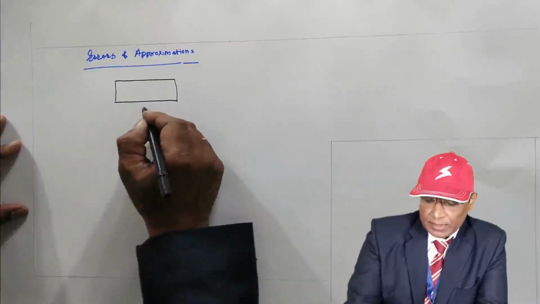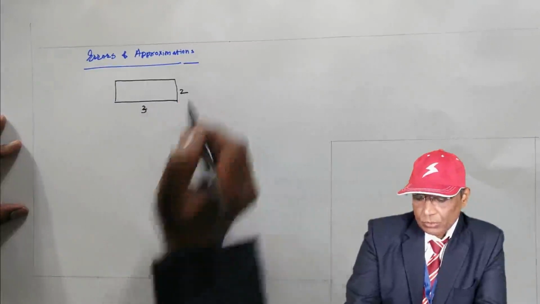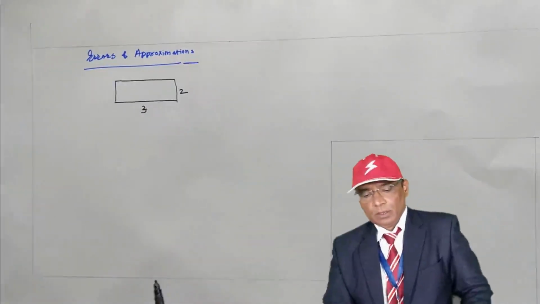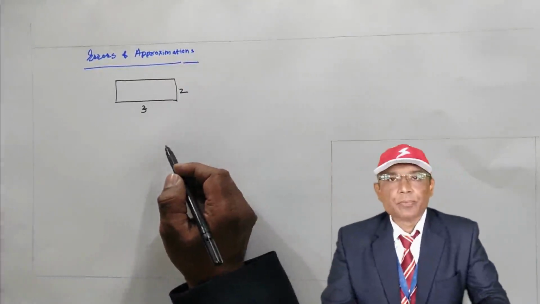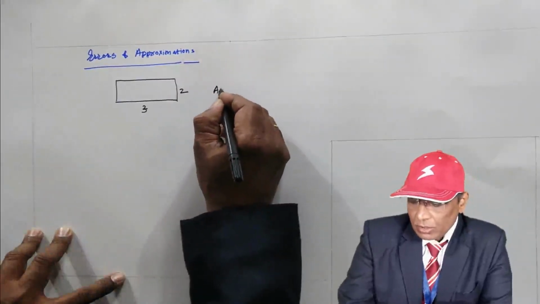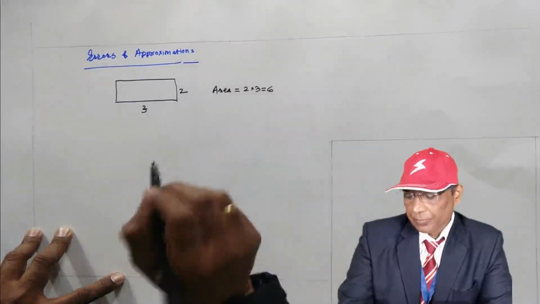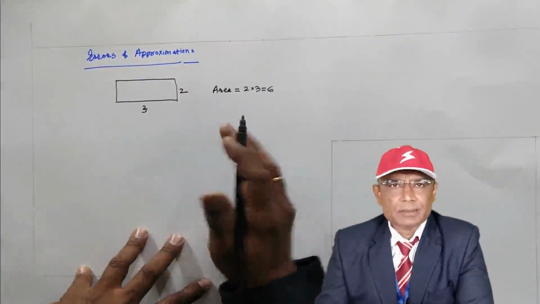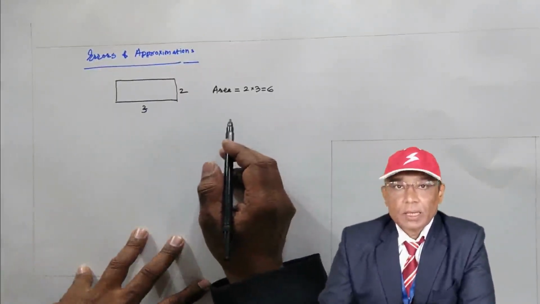The actual breadth and length of the rectangle I am taking as 3 and 2. Now, the area of this rectangle is 2 multiplied by 3, which is 6 units. Okay, meter, centimeter, square, whatever. This is the actual area.